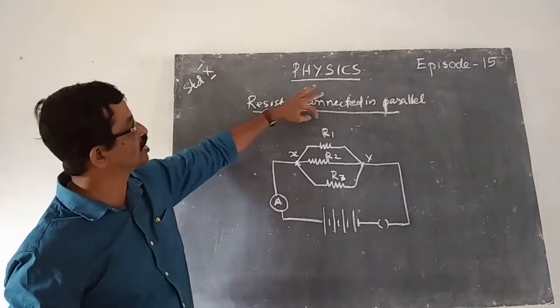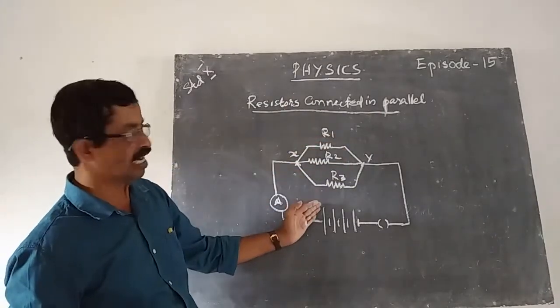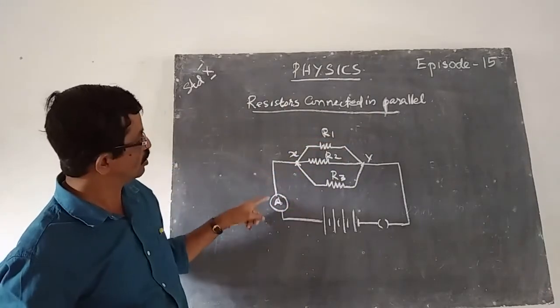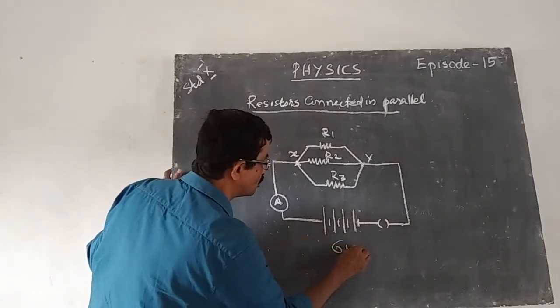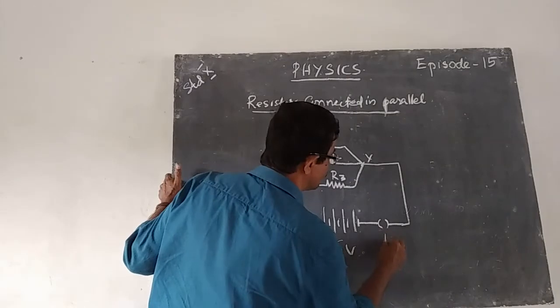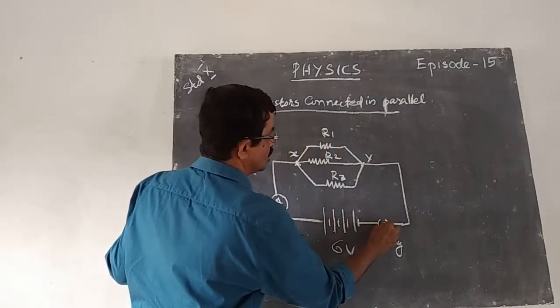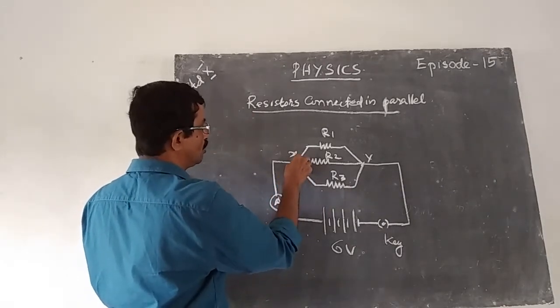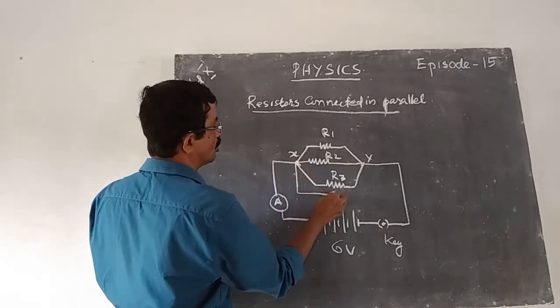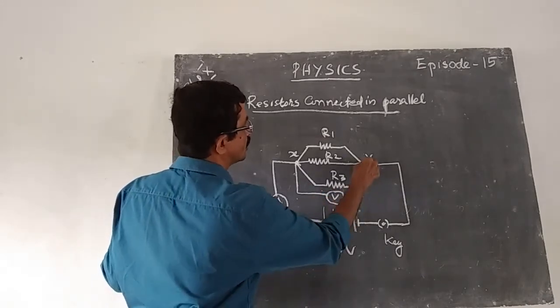Here three resistors R1, R2, R3 are connected in parallel. With that, an ammeter, a battery of 6 volt, and a plug key are connected. And a voltmeter is also connected parallel to this to measure the potential across it.